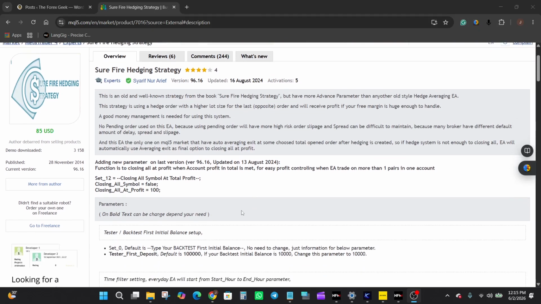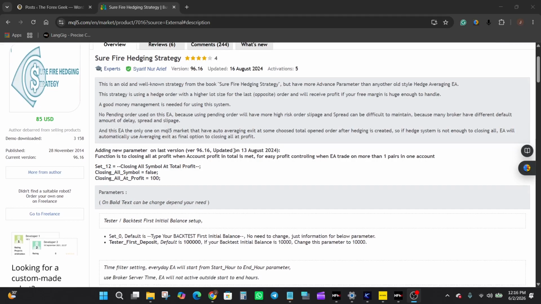From the description, this EA is based on the Surefire hedging strategy concept, which is a hedge-based trading approach that uses multiple open positions to manage market movement. The developer also mentions that it avoids pending orders and instead relies on market execution for entries.